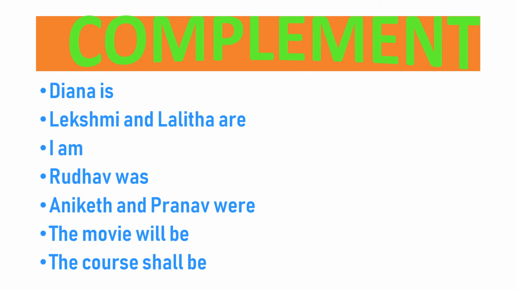So what should we add to these sentences to make the meaning of these groups of words complete? Let's check. Diana is a teacher. Look, immediately the sentence became meaningful when we added a phrase, a teacher.